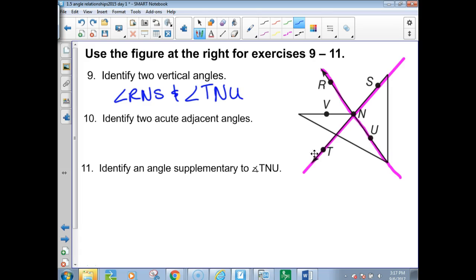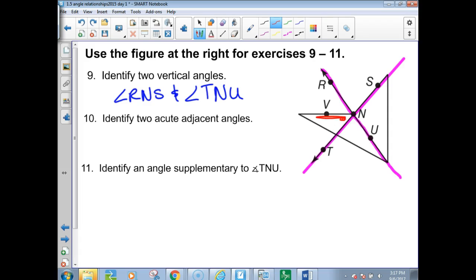Okay, how about a pair of acute angles that are right next to each other, which means it is what adjacent means. Priscilla? Want to try it? 2 acute, they got to be smaller than 90, and they got to be next to each other. You need a hint? BNT.